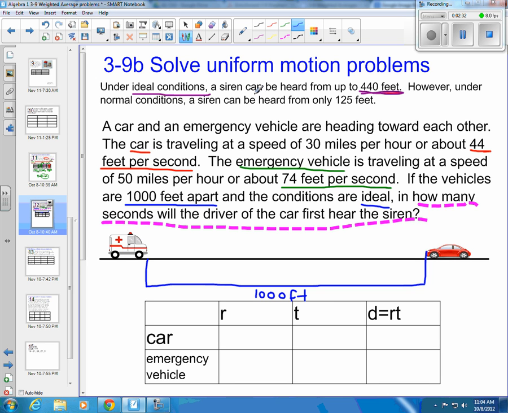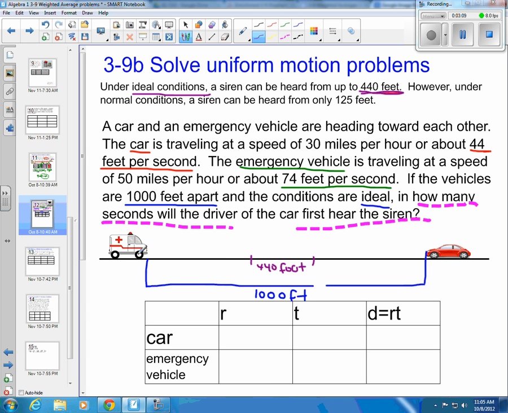And I know that I'm under ideal conditions, so the car here can hear this siren over here at 440 feet. So somewhere in between, when they are 440 feet apart, is when the car will hear that siren.